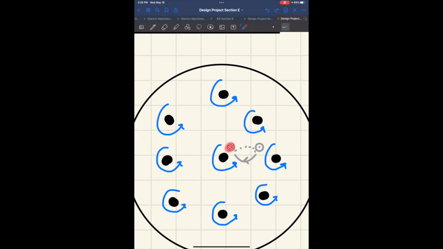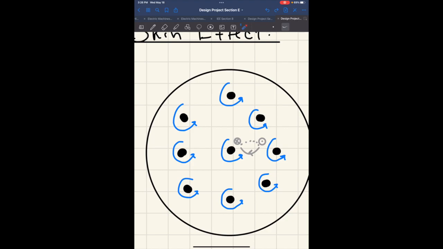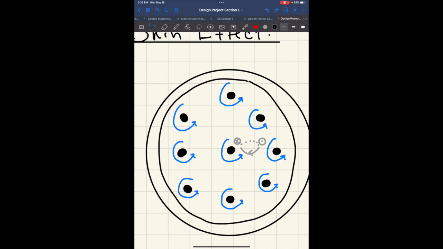This guy is going into the page. This guy is coming out of the page. So they cancel out. And the overall effect is you are basically going to cancel out all the current in the center of the conductor.